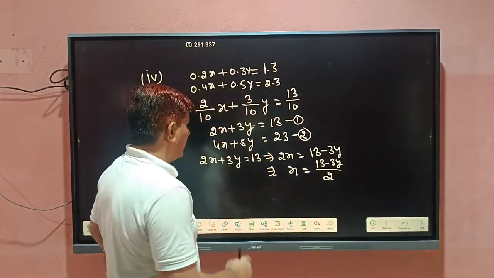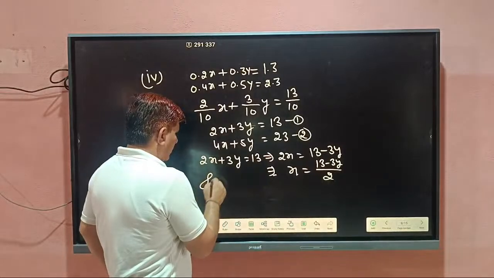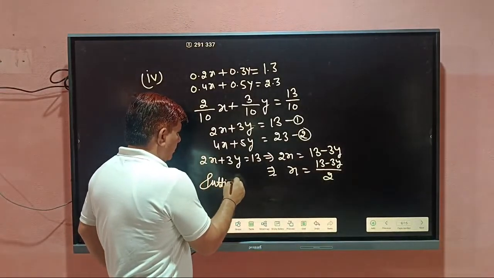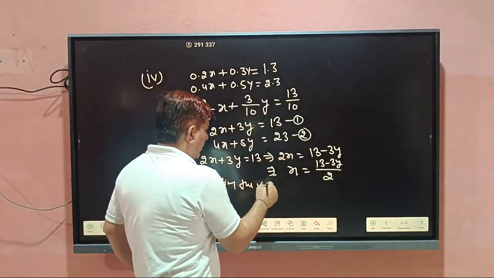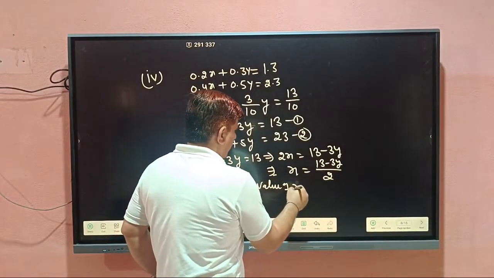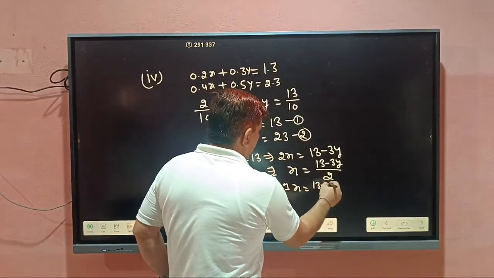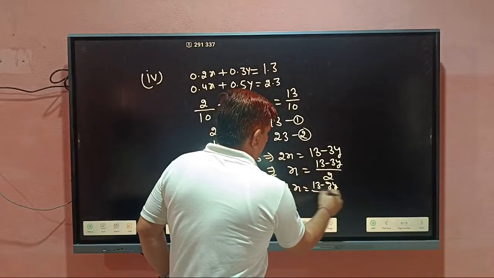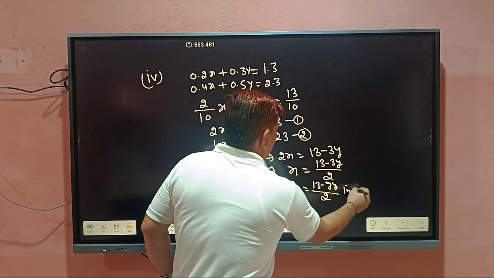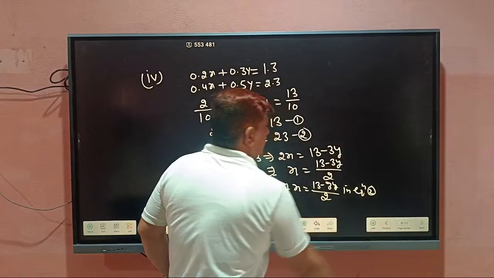We can say putting the value of x equal to 13 minus 3y by 2 in equation 2.